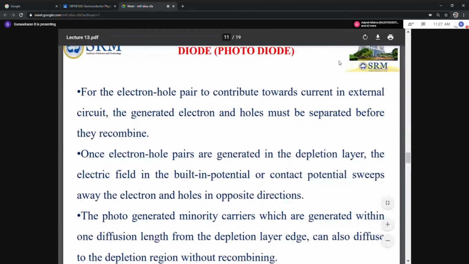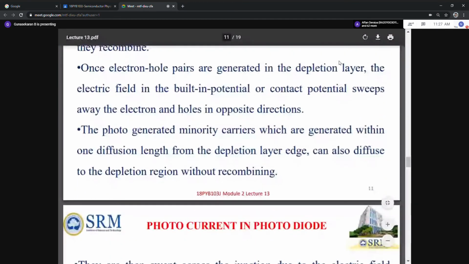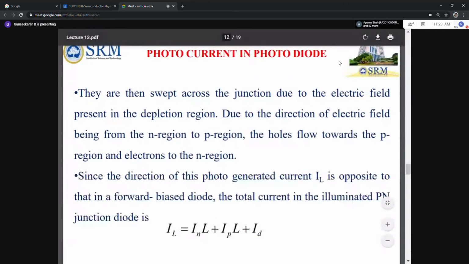The photo generated minority carriers, which are generated within the diffusion length from the depletion region, can also diffuse to the same depletion region without recombining. They are swept across the junction due to the electric field present in the depletion region.